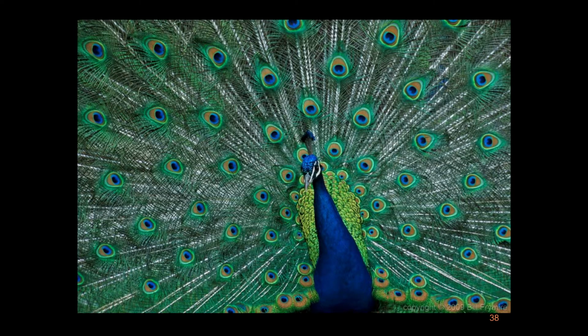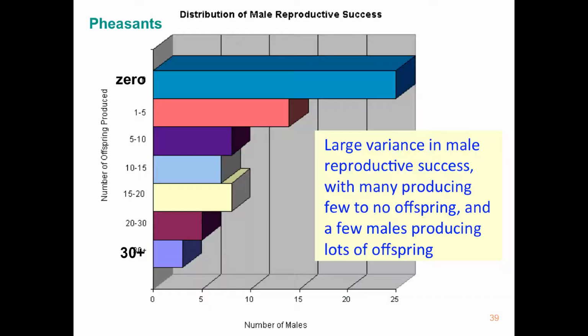One example would be sexual selection for certain male characteristics, for example, the male peacock. We know that in birds like peacocks, there are many males that have zero reproductive output and a few males who have a lot of reproductive output. So a few males have over 30 plus offspring in this graph.